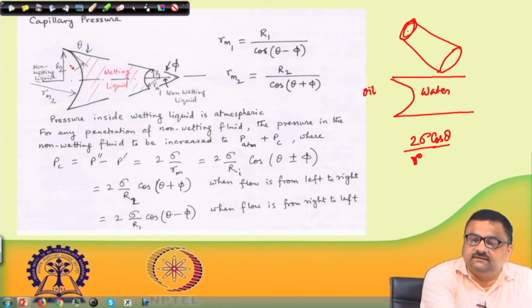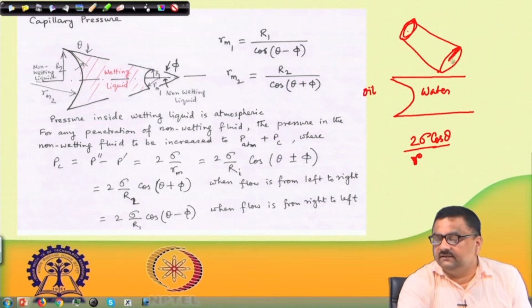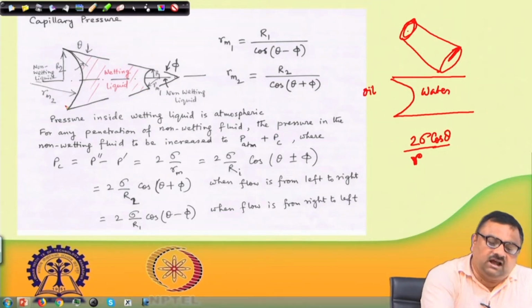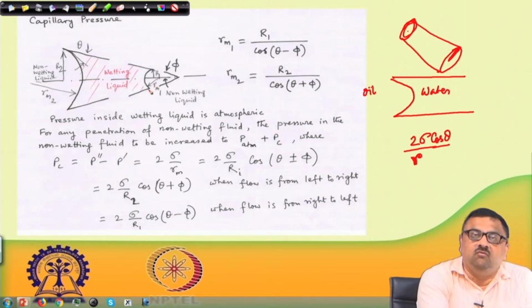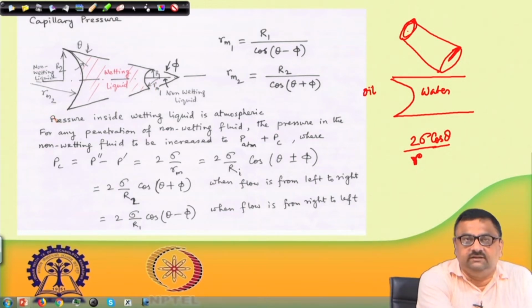There are two other parameters here, Rm2 and Rm1. Rm2 is the mean radius of curvature as far as this side is concerned, and Rm1 is the mean radius of curvature as far as this side is concerned.